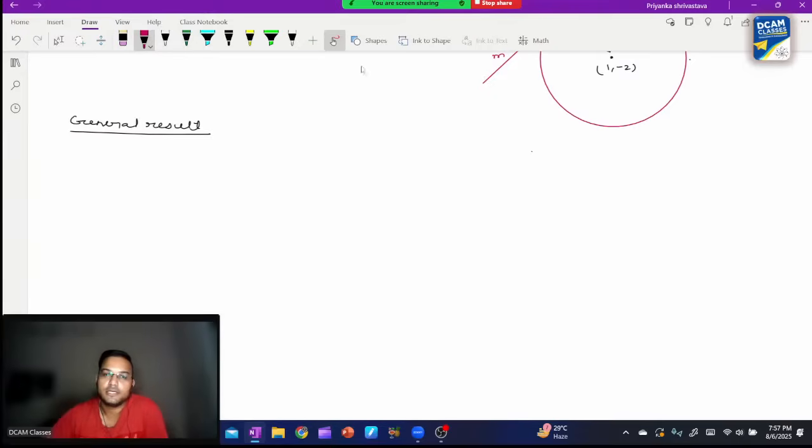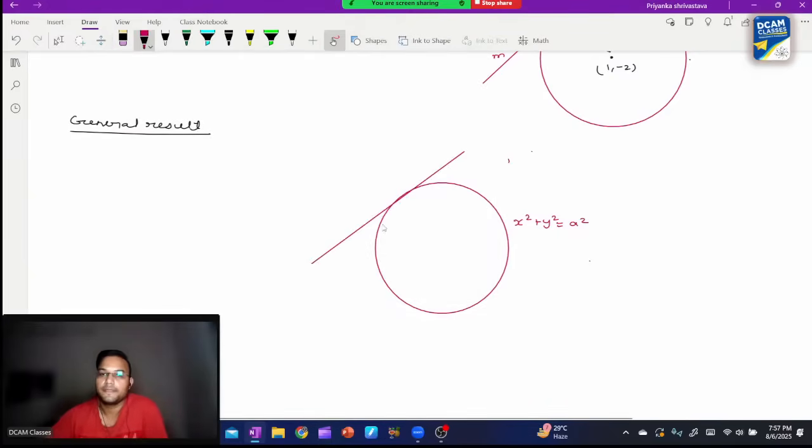General result, what general result I want you to find? This is the equation of circle. First take the case of x square plus y square is equal to a square. This is your circle. This is the equation of tangent, y is equal to mx plus c.